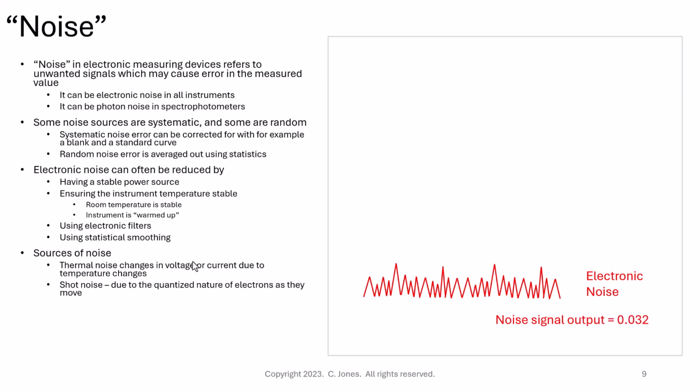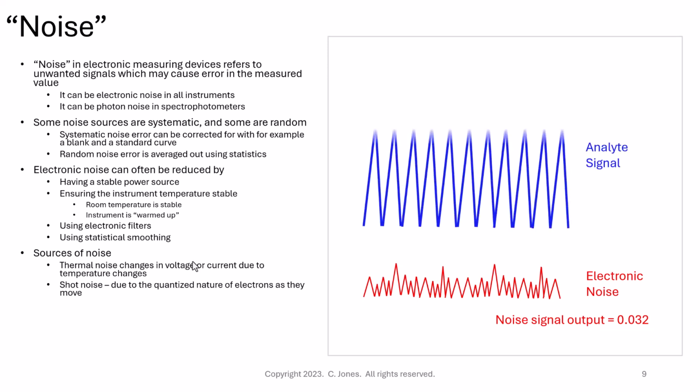All right, and so I randomly said the noise signal output is 0.032, and this could be volts. When we put the analyte in to be measured, it also gives a signal, all right? And so I arbitrarily said, let's call the signal 0.250, maybe volts, okay?